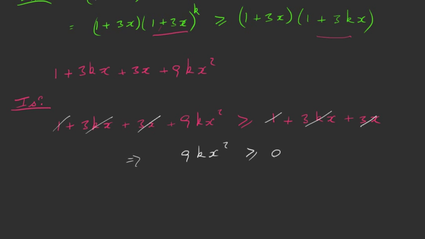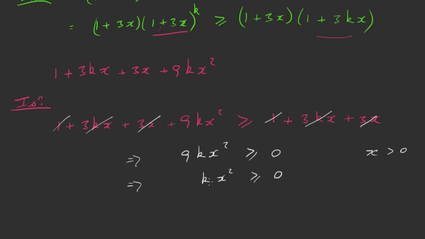Is 9kx squared greater than 0? Well, let's see. Our 9 here, we can divide both sides by 9 if you like, so we just get kx squared here, so that's fine. What else can we do? The x squared is going to be positive anyway, isn't it? We were told at the beginning that x is positive, so obviously when you square any natural number, it's going to be positive.